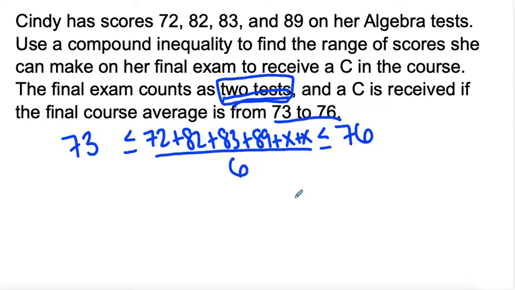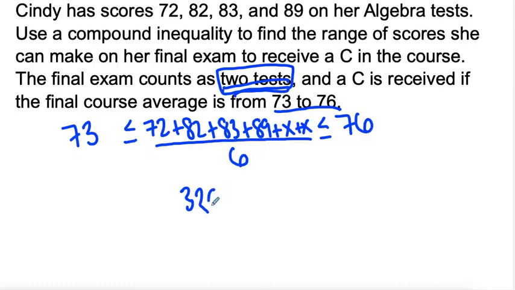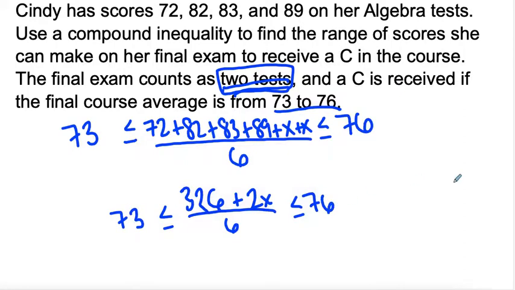So we have 72 plus 82 plus 83 plus 89. That combines to get us 326. And then combine those x's, we get plus 2x all over 6. And this has to be greater than or equal to 73, but less than or equal to 76.